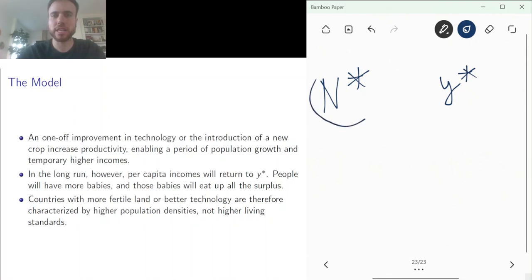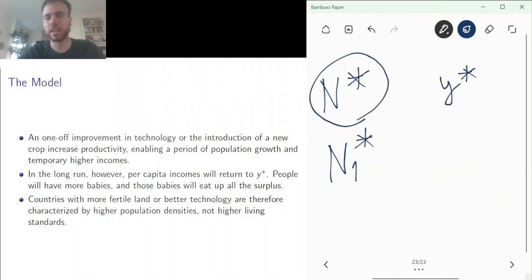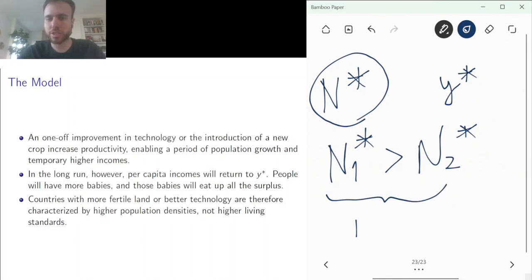However, societies have different numbers for stationary population. So for example, ancient Rome had a larger stationary population than some tribes in South America. And the difference is marked by different population densities. So ancient Rome is more densely populated than South America.